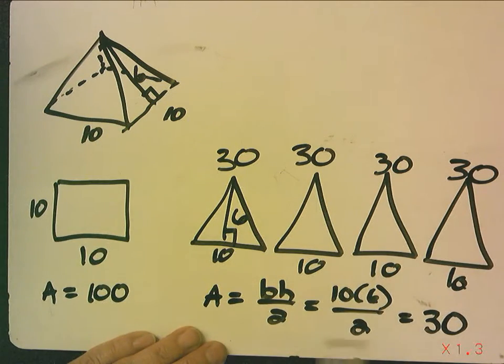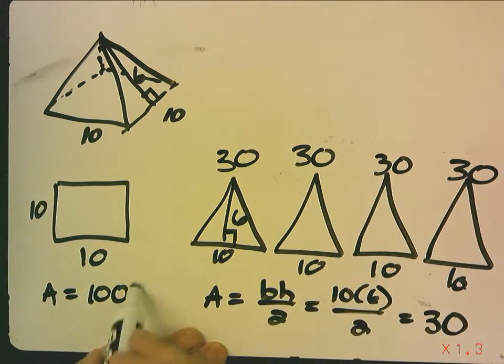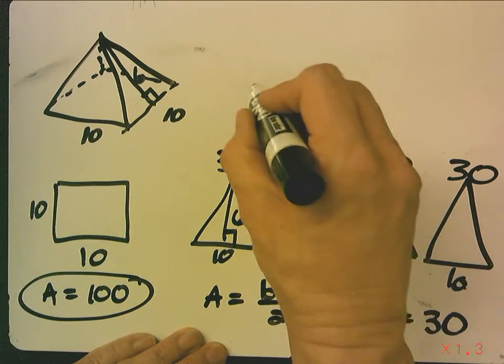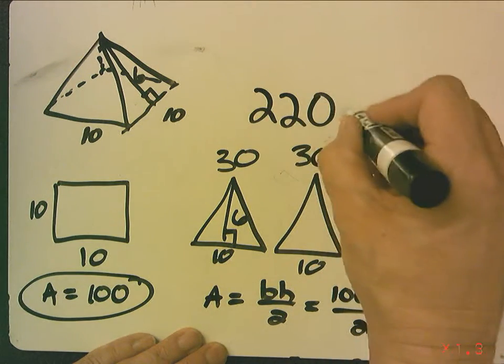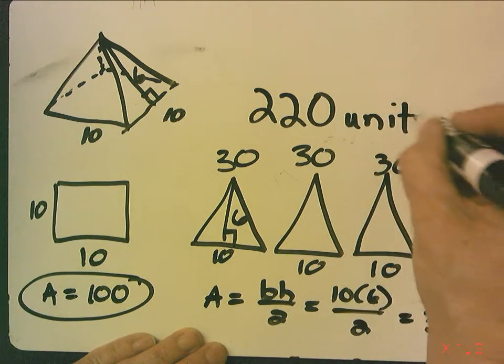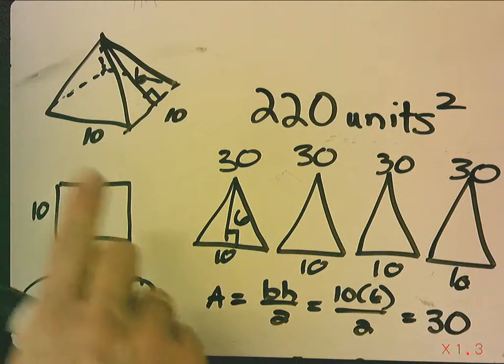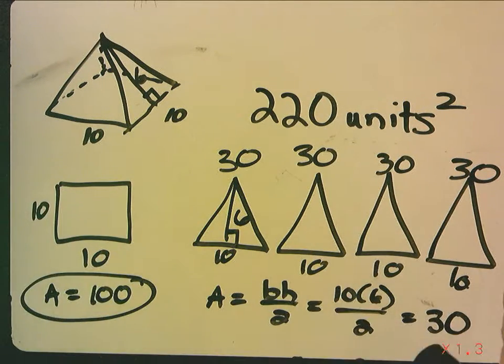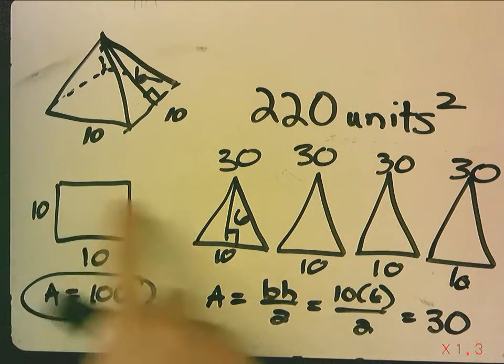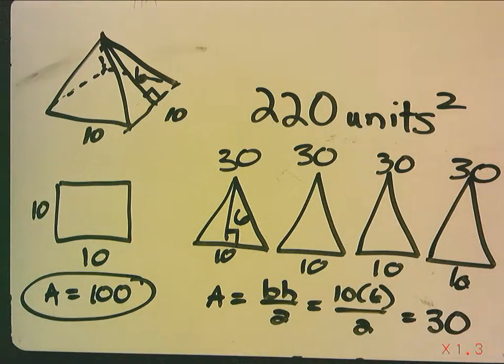So 4 times 30 is 120, plus the 100 for the square, and that means the surface area of this square pyramid is 220 units squared, because I added the area of each individual face: a square base and 4 triangular faces.